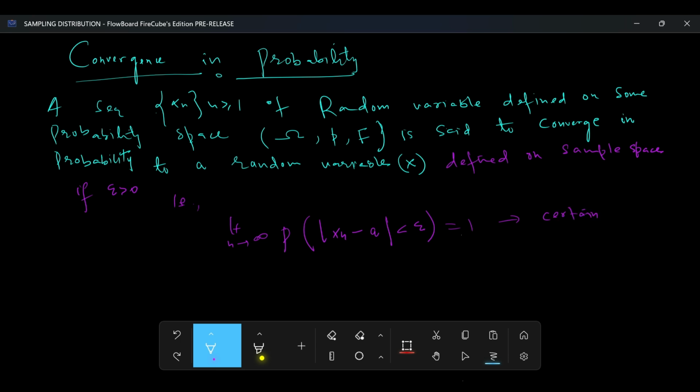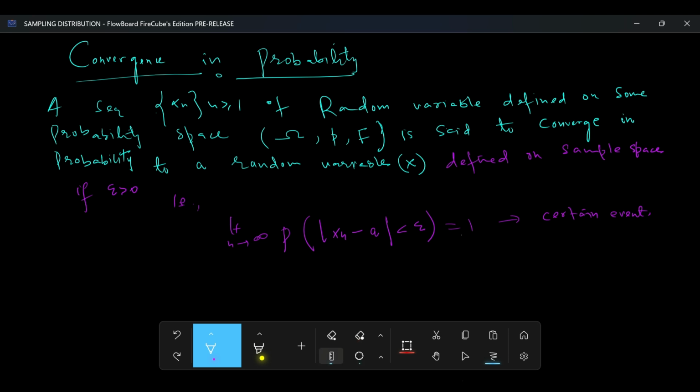When the probability becomes 1, it is a certain event. In other words, we can say the difference between the sequence and some constant is less than epsilon. So the probability that the modulus of X_n minus a is less than epsilon is equal to 1.